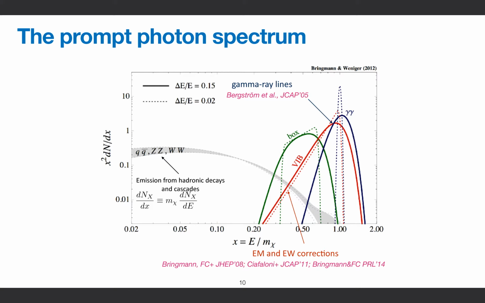And then you can also have, in general, spectral features that are predicted at the high end of the energy spectrum. For example, gamma ray lines that arise in most models at one loop. And those kind of features are something that you can exploit in the optimization of your detection strategy.